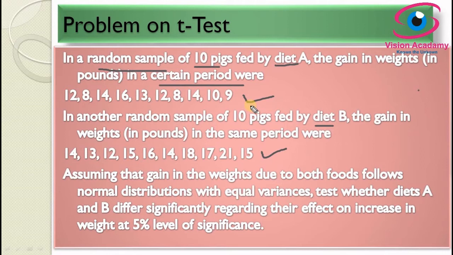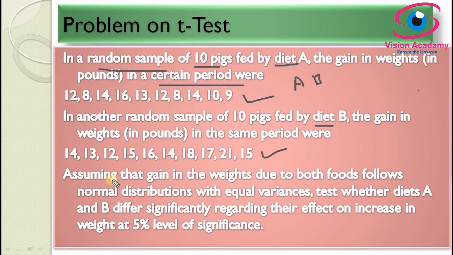So here it is very simple: there are two types of diet foods, A and B, and these diet foods are given to 10 pigs, taking a random sample of 10 pigs, and their gain in weights is recorded for a particular period and given to us.